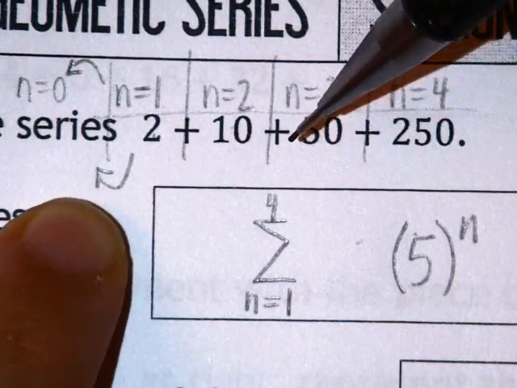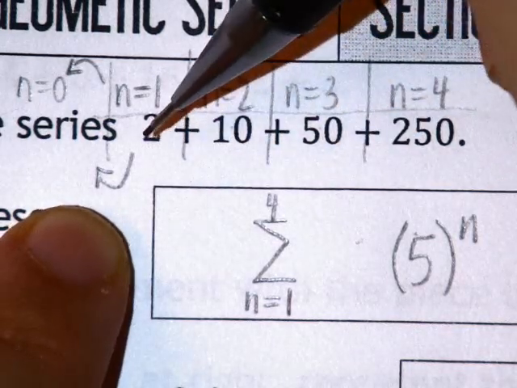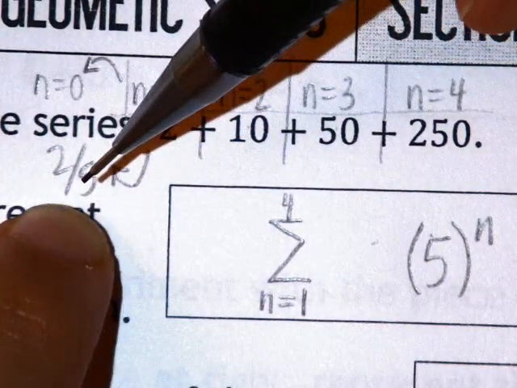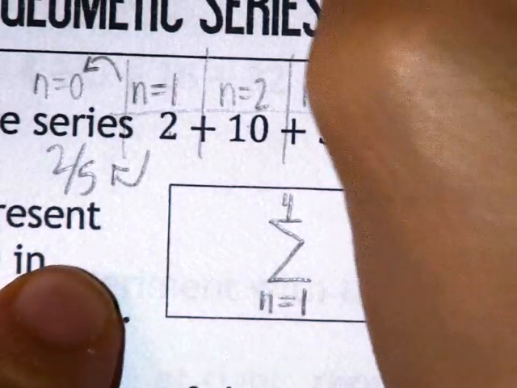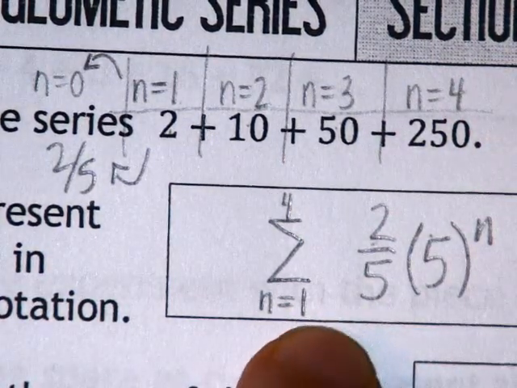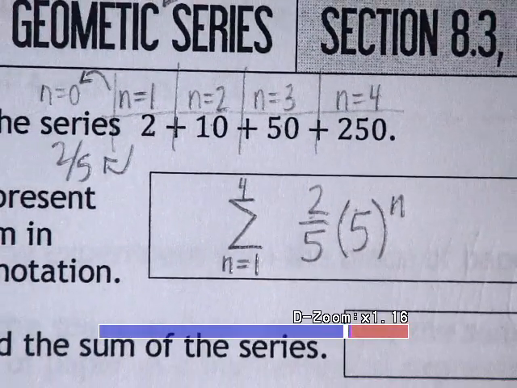So 250 divided by 5 is 50, 50 divided by 5 is 10, 10 divided by 5 is 2, so 2 divided by 5 must be 2/5, and that must have been my initial value. If you prefer to write it as a decimal, 0.4, that's fine as well, so you can leave that in whatever way you feel more comfortable.